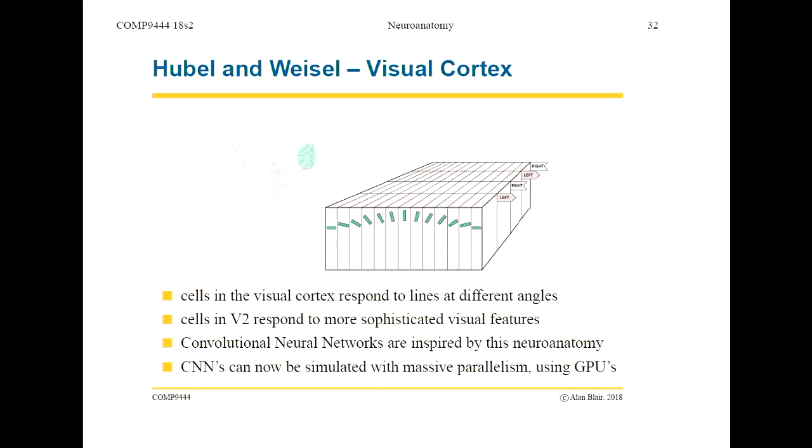So let's say these neurons respond when there's a line at this angle, and then the ones next to it respond when the angle's a little bit different, and a little bit different again. So it could be, in a way, hardwired. There's a big debate about nature and nurture. It's hardwired in a way that it's going to develop like this, but you need visual stimulation in order for it to develop properly.